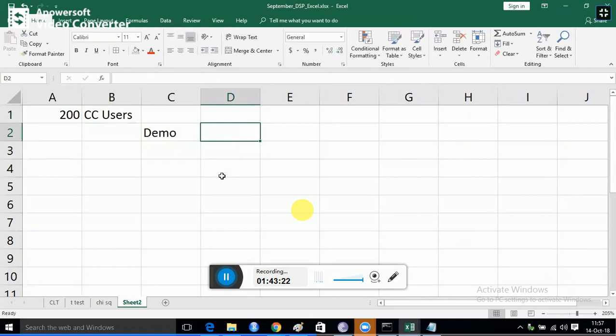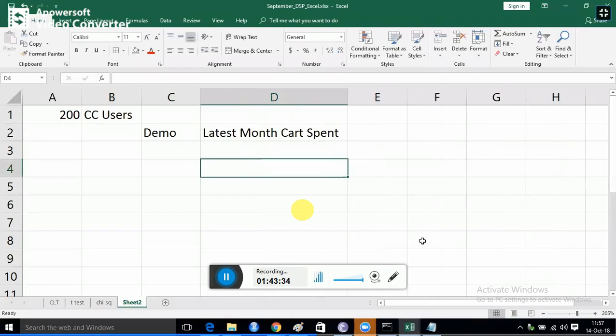And I have some functional variables like card latest month, card spent. Let's say I'm looking at the month of September. I have the entire month's spend. That's the data that I'm having.